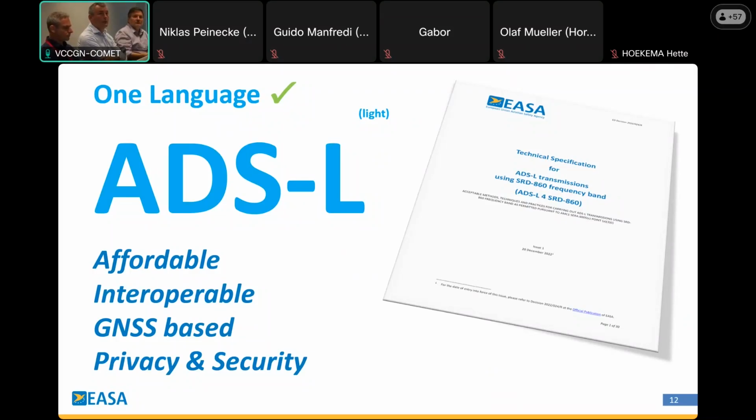So the keywords of our new ADS-L, Automatic Dependent Surveillance Lite language, were affordability, interoperability, simple sensor, only GNSS, while paving the way for more privacy and security of the transmission. So there are some features in this protocol that set the possibility for people to address these dimensions. This is now in place, and this work was all considered in this project we are finalizing today. Next one, please.